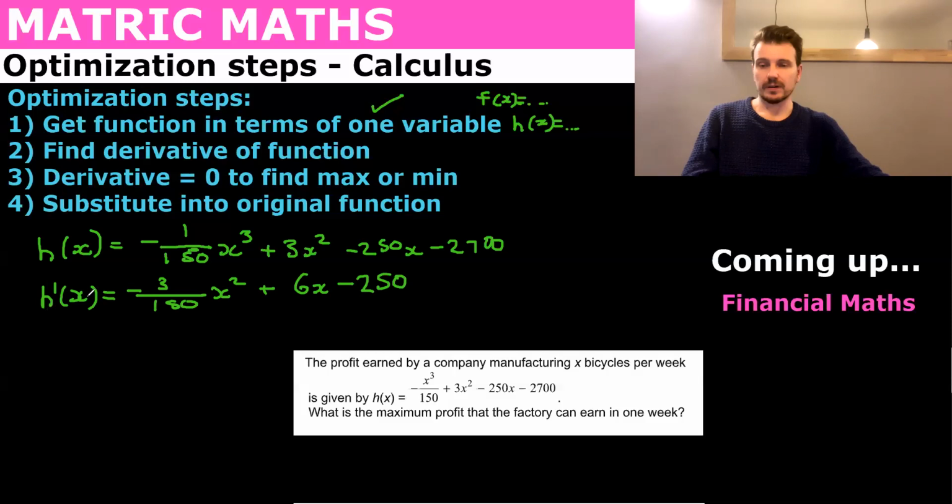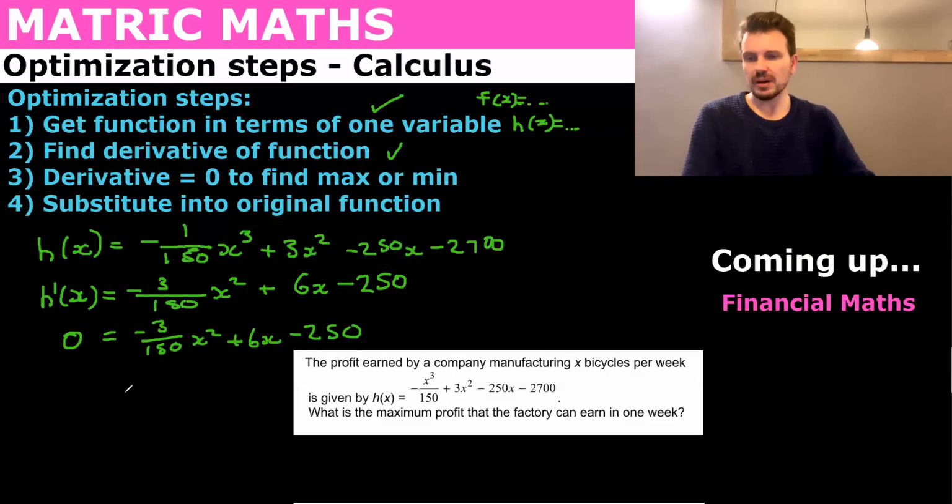Okay, now step 2 is done, so what I need to do is make it equal to 0. So I get 0 equals this long function here: minus 3 over 150 x squared plus 6x minus 250.